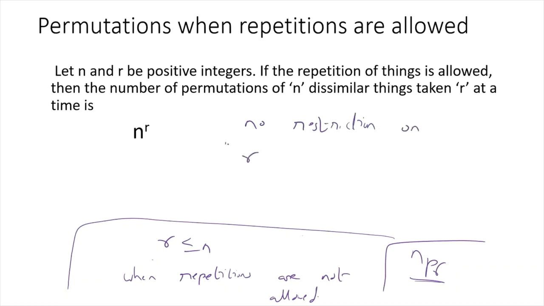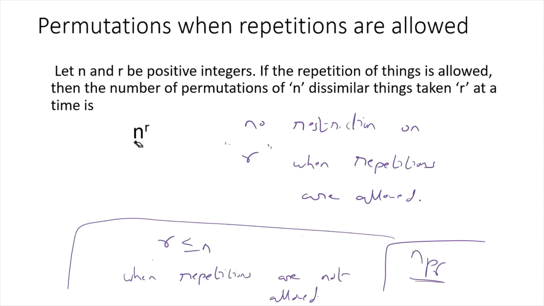So this is one more difference that you have to remember. When repetitions are not allowed, r should be less than or equal to n. When repetitions are allowed, there is no restriction on r. r can be less than or equal to n, or r can be greater than n also.